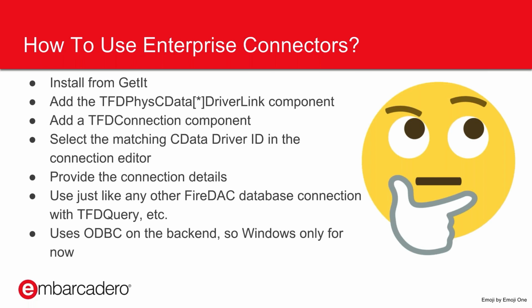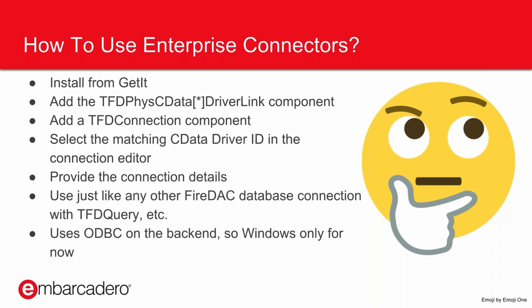So how do you use enterprise connectors? You install them from GetIt, and you're going to have a FireDAC CData something driver link, so TFDPhysCDataFacebookDriverLink component, for example, or Twitter driver link component, or any of the other types of data sources they have.